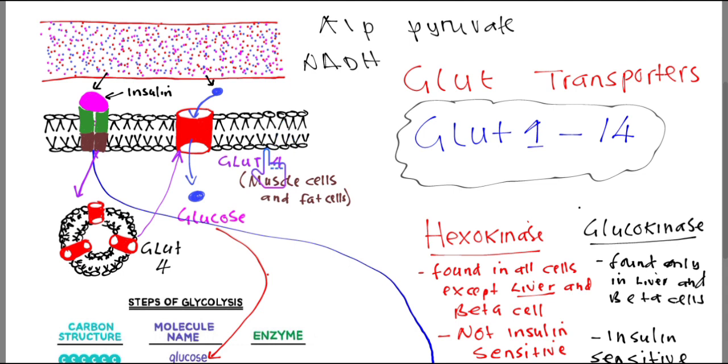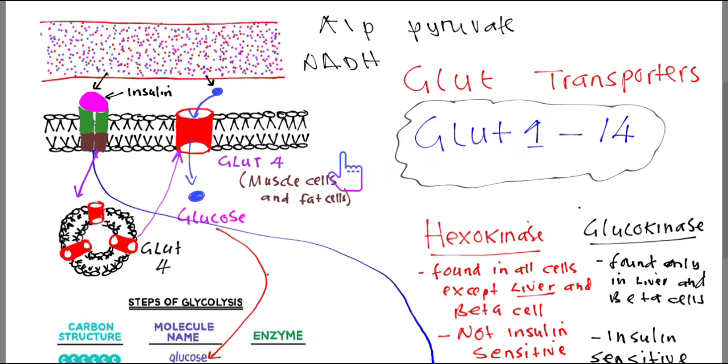GLUT4 transporters are specifically for the muscle cells and fat cells. And what you should know is that out of all these 14 GLUT transporters, only the GLUT4 transporter is insulin sensitive. Only the GLUT4 transporters are controlled by insulin. The rest are not controlled by insulin.